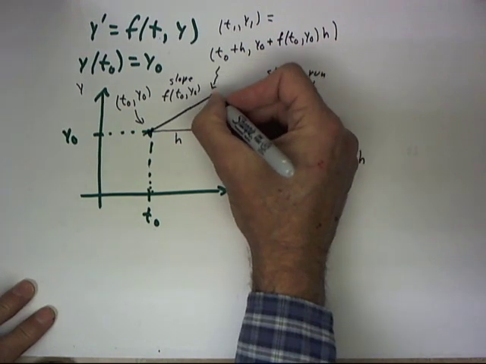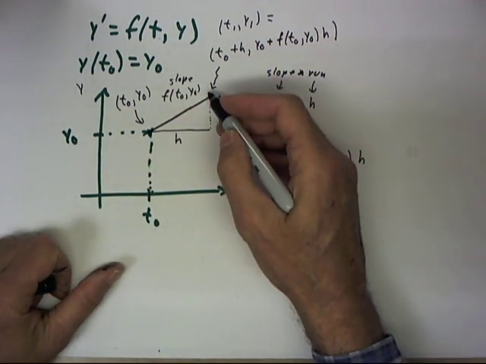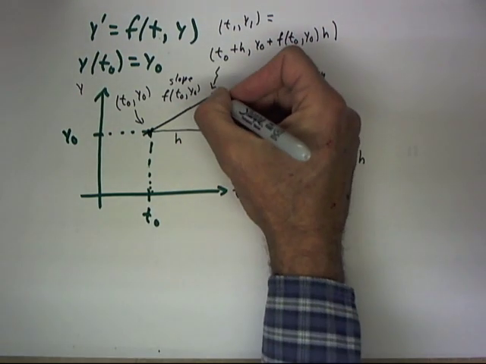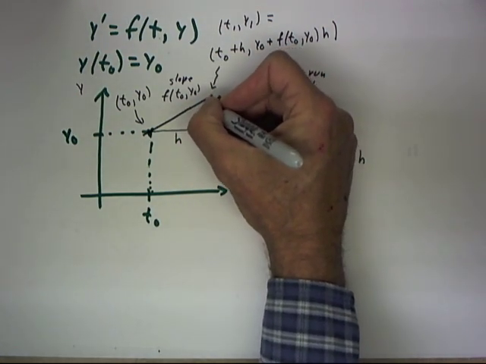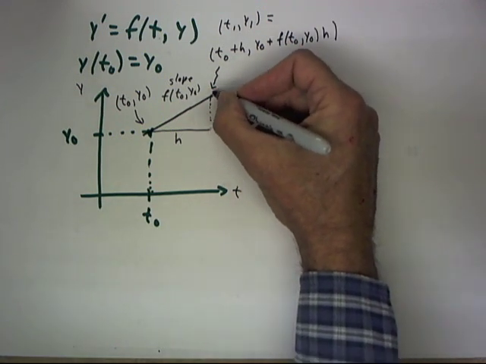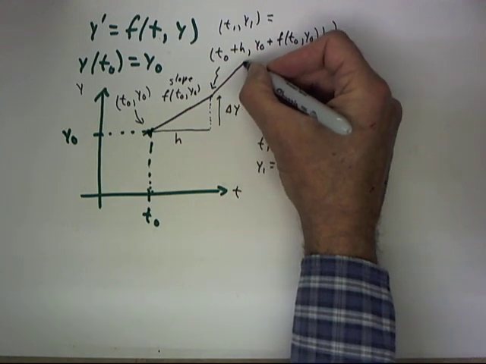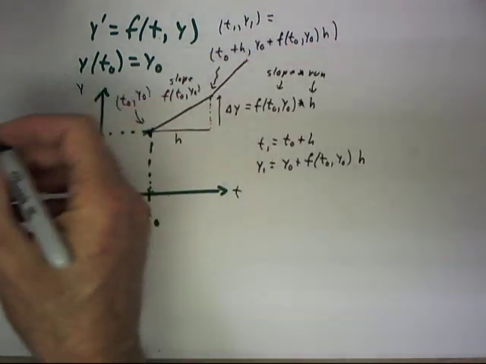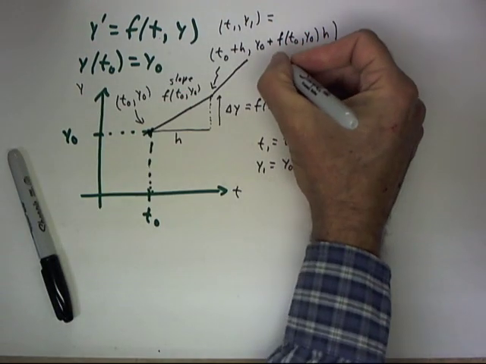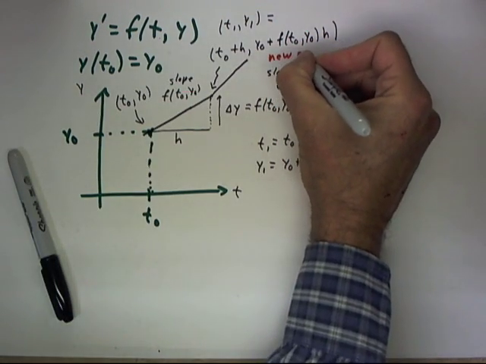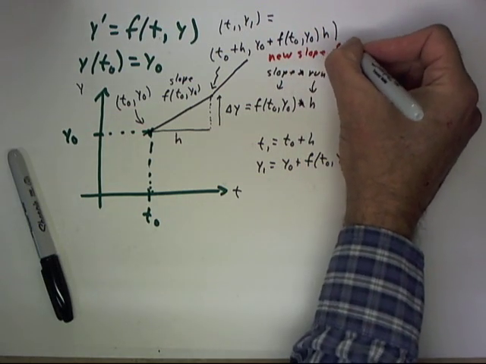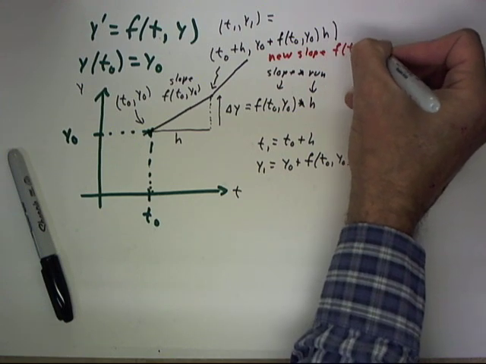Okay, having gotten to this point, we can find a new point based on the slope at this point. So at this point, let's say we have a new slope, and let's make that new slope a little steeper. Well, we have a new slope, which is f of t1, y1.